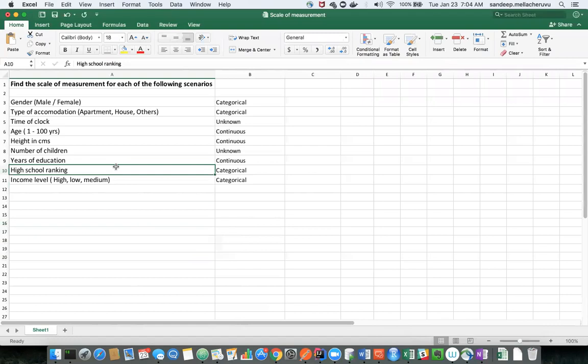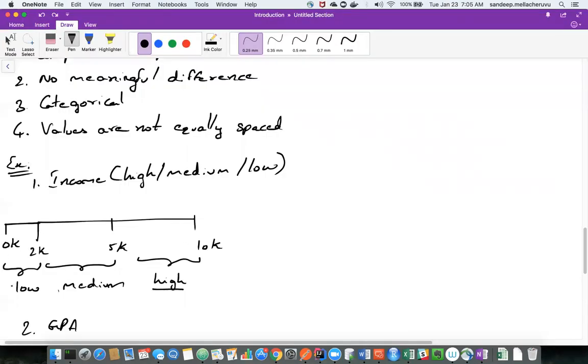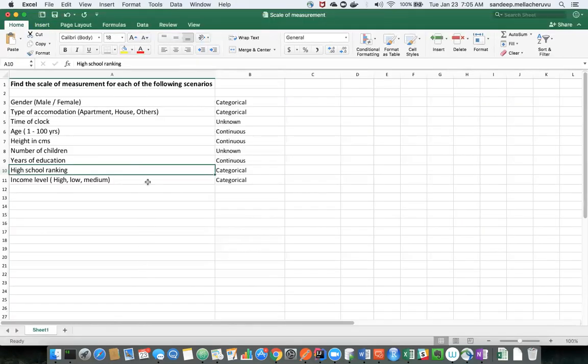Actually, no. The first ranker in the school might have got a GPA of 9, and the second ranker could have got a GPA of 6. The difference is large, but still there is a first ranking and second ranking. In this case, you'll never know the spaces. First rank, second rank, based on that, can you know the GPA? You'll never know.